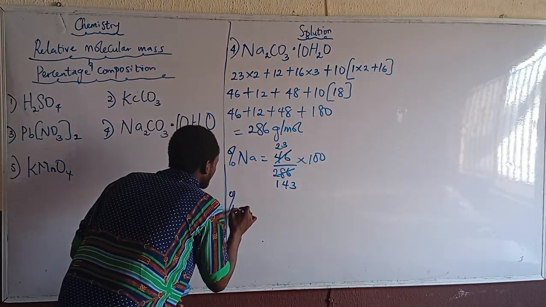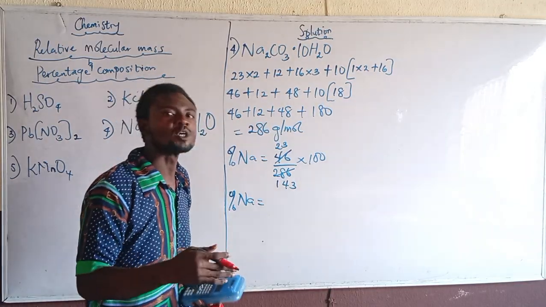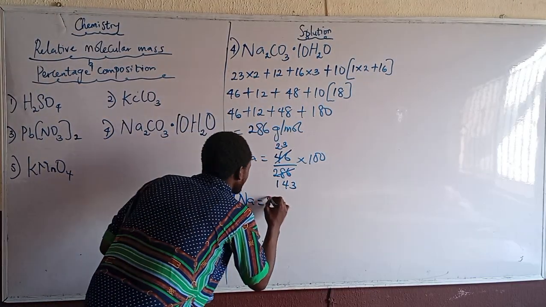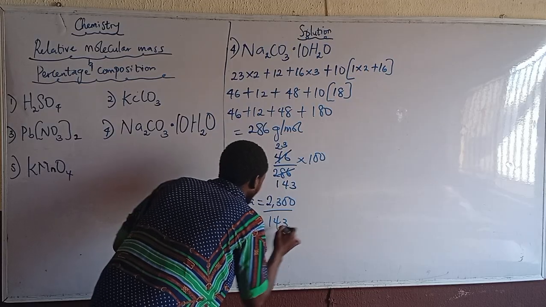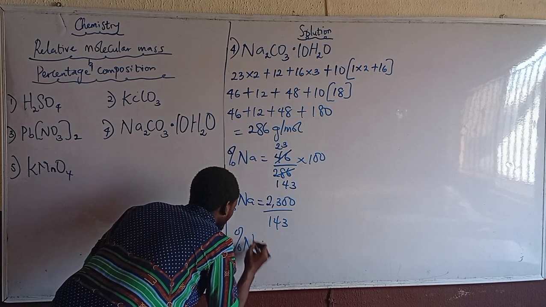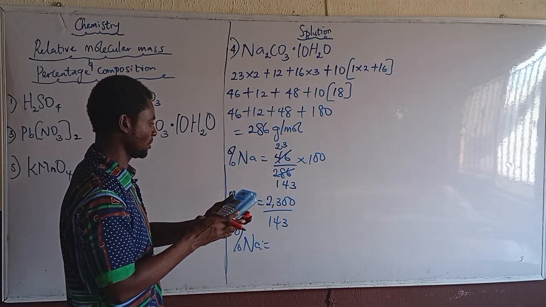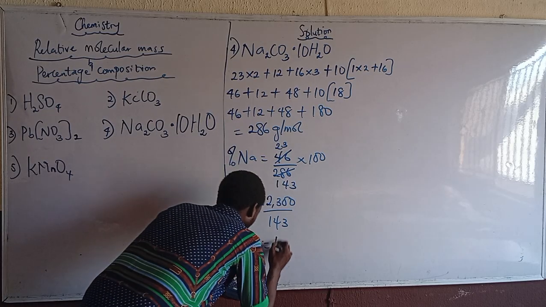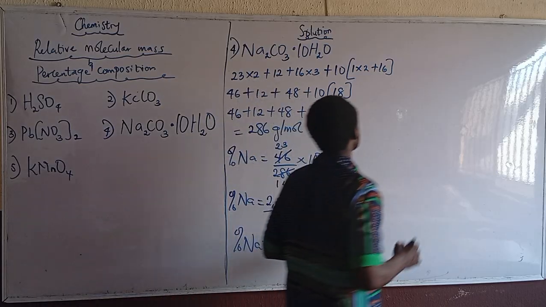So the percentage of sodium becomes 23 multiplied by 100, which is 2300, divided by 143. That gives me 16.08%.